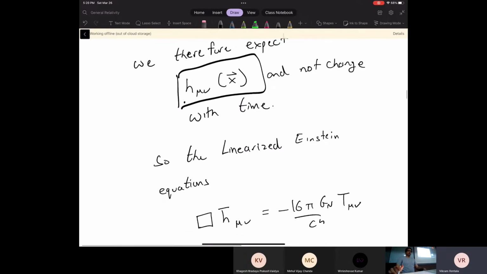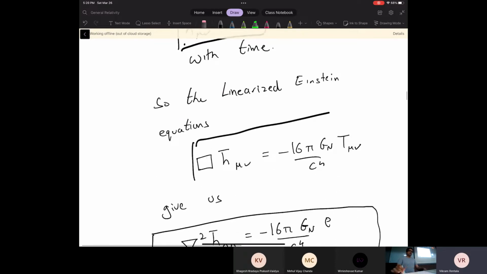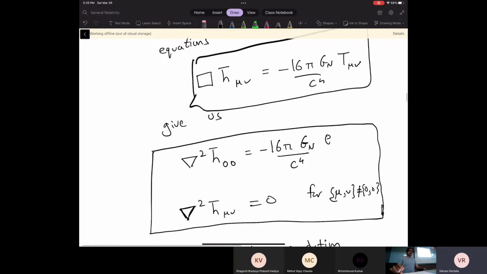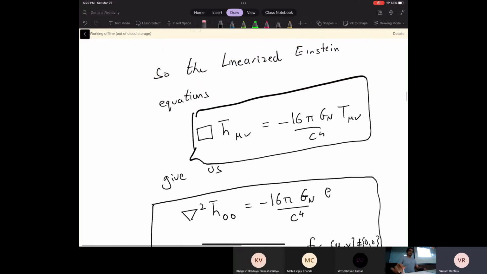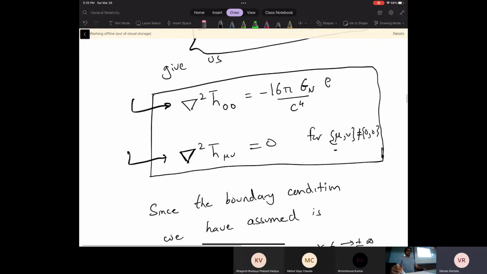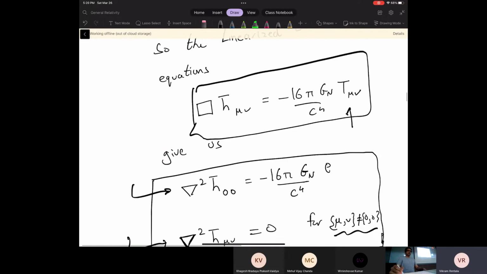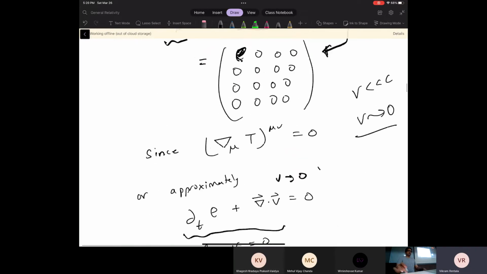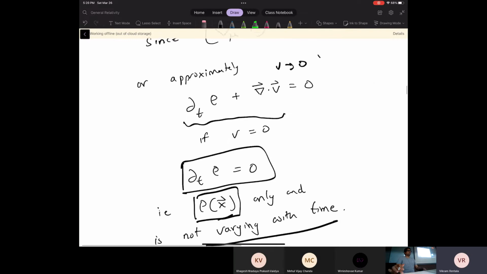Okay, so our linearized equations can now be written as follows. First of all, we can separate out the 0,0 components and the non-0,0 components of this equation. For μν non-0,0, the source is anyway 0, because the source only appears in the 0,0 component.